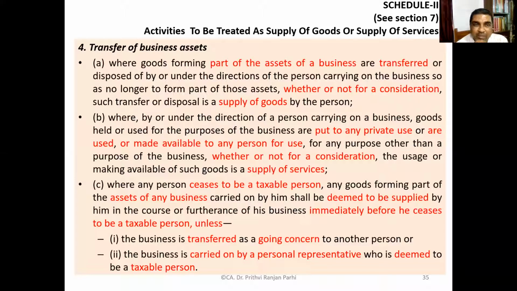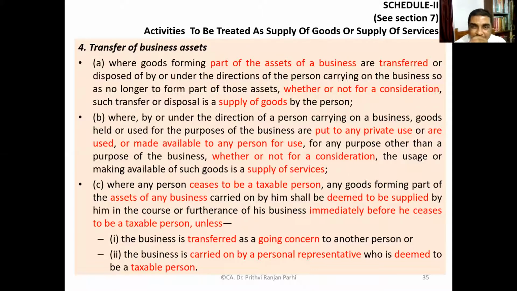Next point is that where, under the direction of a person carrying on the business, goods held or used for the purpose of business are put to any private use or are used or made available to any person for use for any purpose other than the purpose of business, whether or not for consideration, the use or making available of such goods is a supply of services.